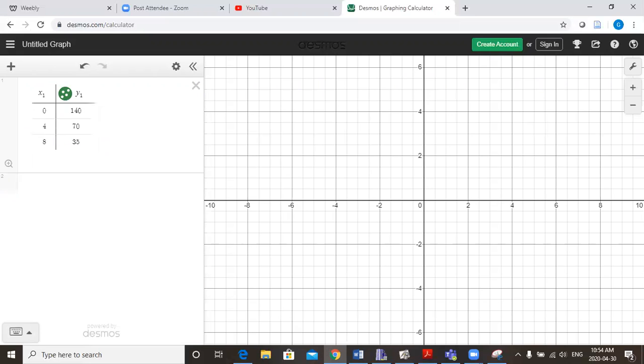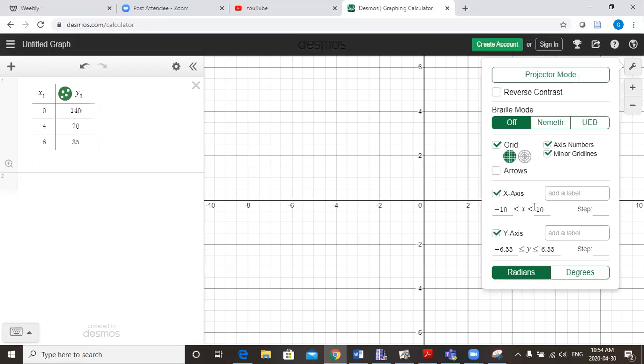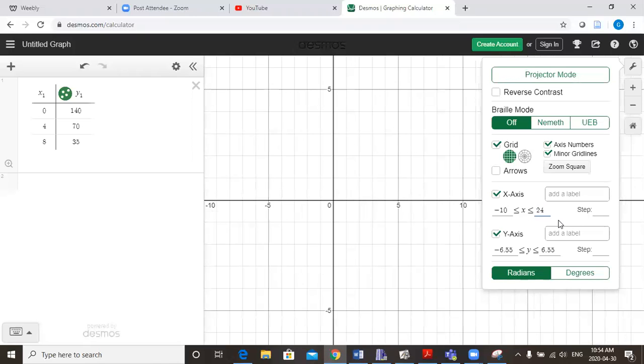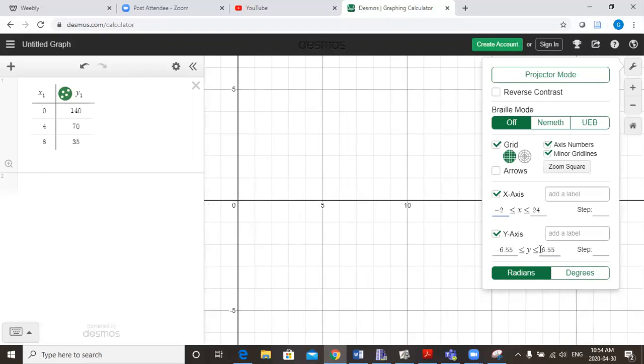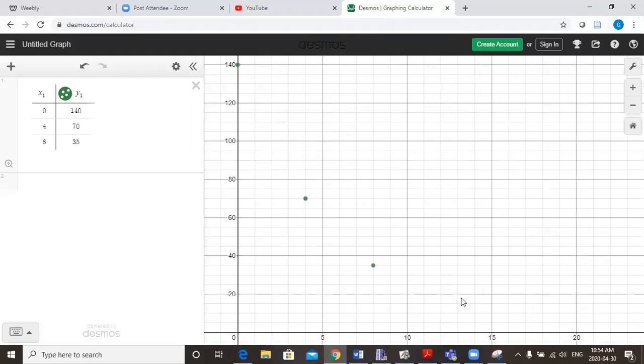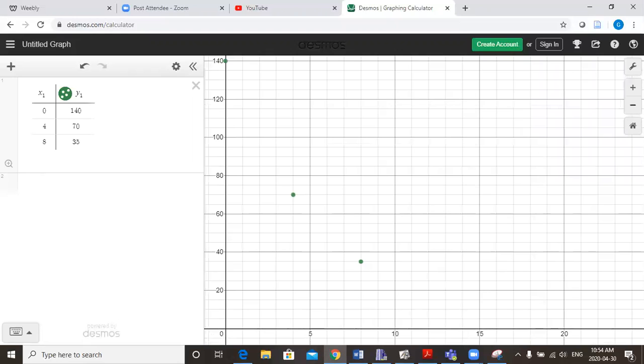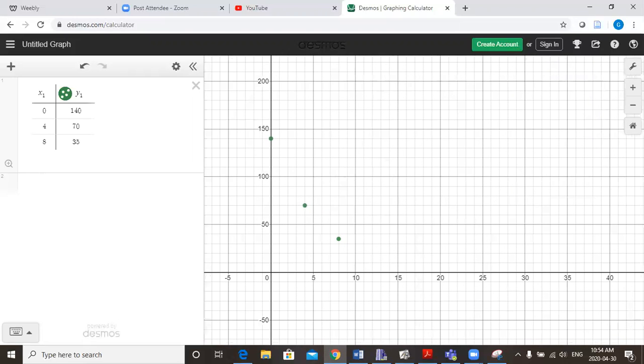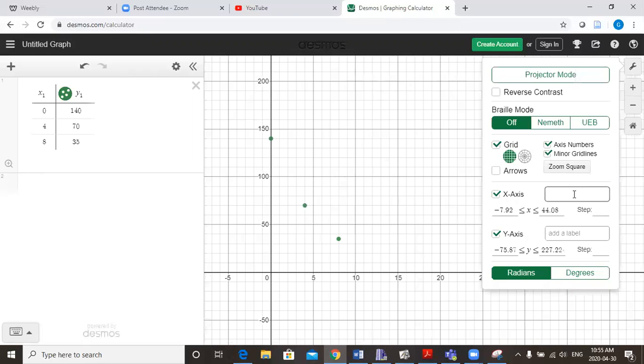Now we can't see anything, so we should scale our axes. X will go to 24 hours, and the Y-axis we have to start at 140, so we'll go to 145. We've got it scaled a bit better. We should label our axes: our X-axis is time in hours, and our Y-axis is amount of medication in milligrams.